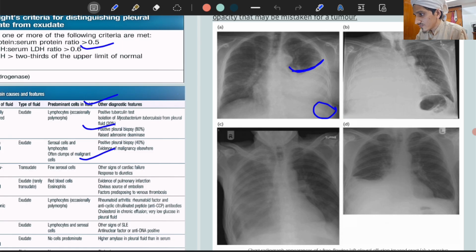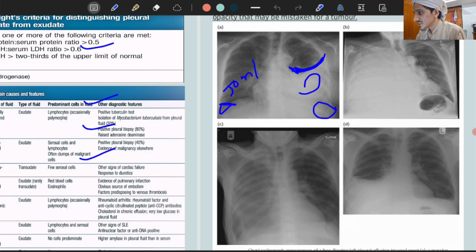And the fluid looks like it is tracking up to the axilla. This will be the typical appearance of fluid on a PA chest X-ray. In minimal cases you can have just blunting of the costophrenic angle, with maybe around 50 ml of fluid. If it is there, then you can have only blunting of this costophrenic angle. This much you will not have.